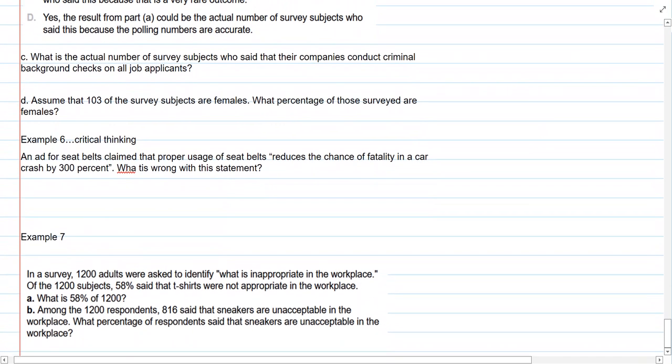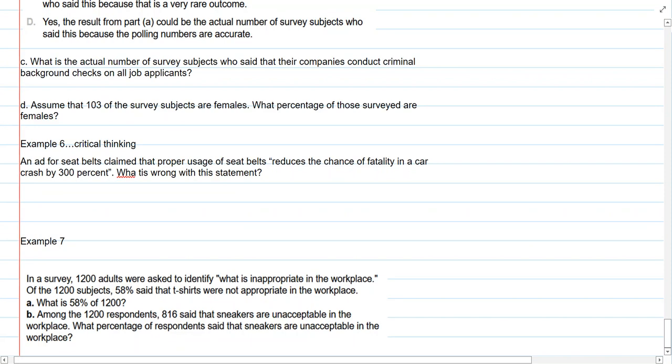What is the actual number of subjects who said their companies conducted criminal background checks on all jobs?